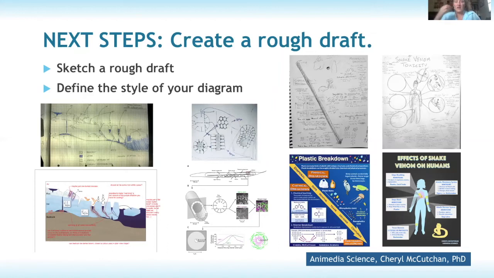If you've got your diagram laid out and you like the way it is, you can start putting those pictures in. But also remember that the diagrams I've created have a specific style, and I'm trying to use arrows and color and font size to guide my audience through that research in the simplest way possible.